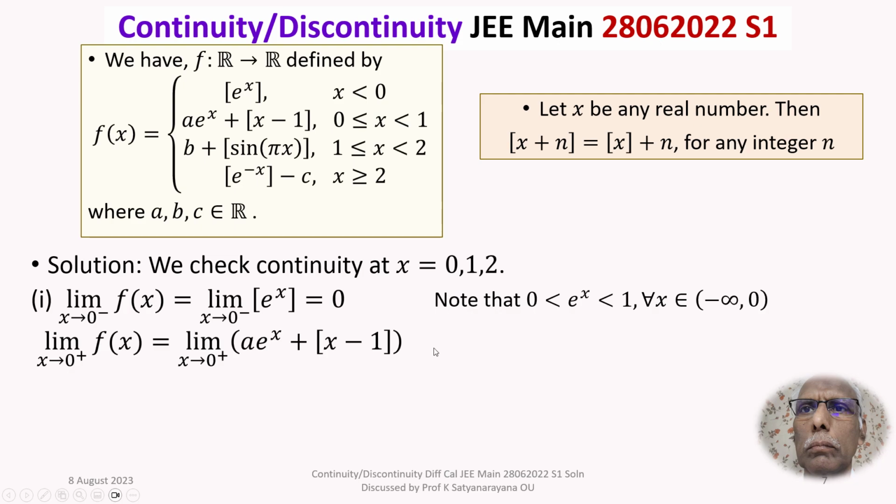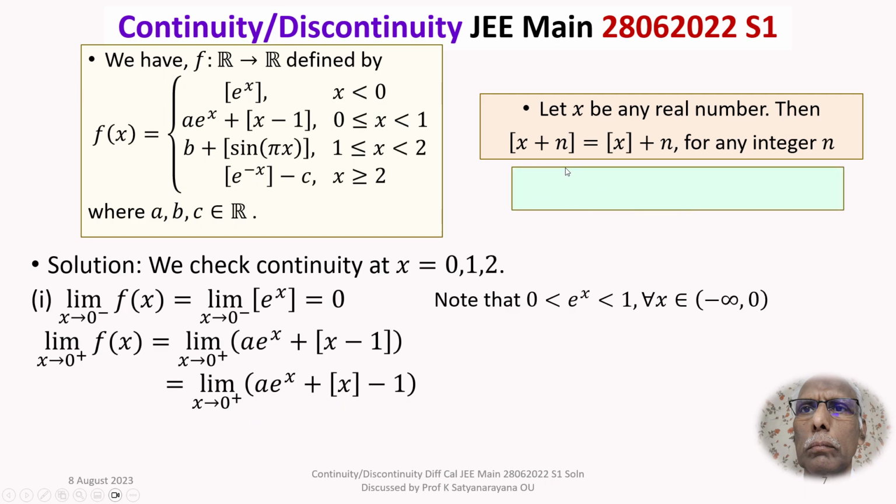So this is equal to the limit as x tends to 0 plus of a e^x + [x] - 1. You further recall, we have the standard results: the limit as x tends to c minus of [x] is c - 1, and the limit as x tends to c plus of [x] is c, where c is an integer.